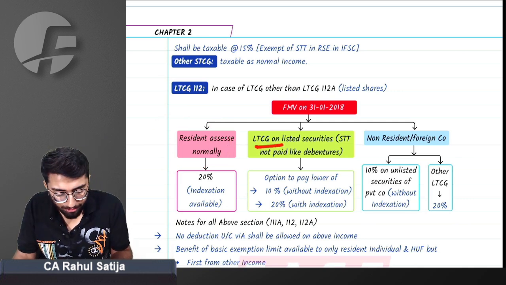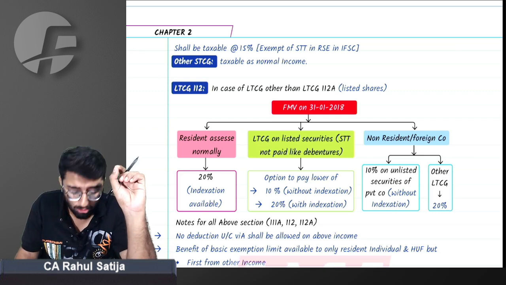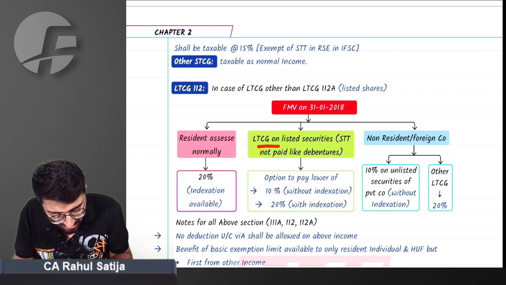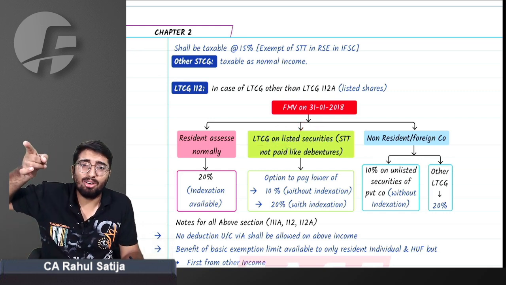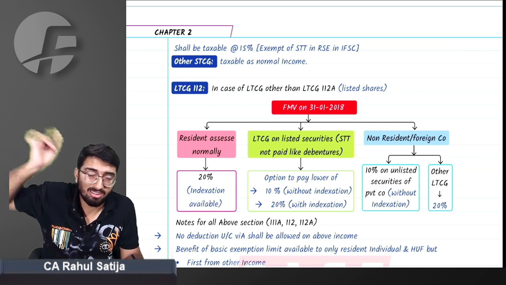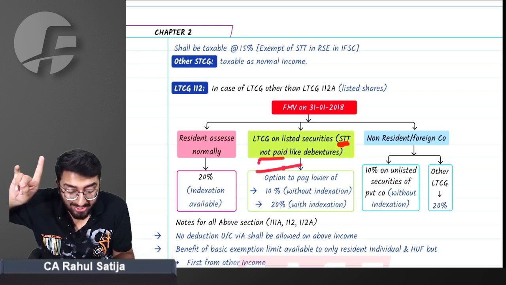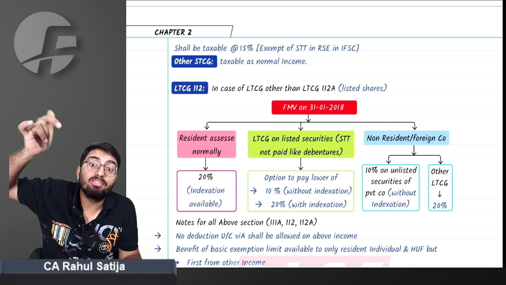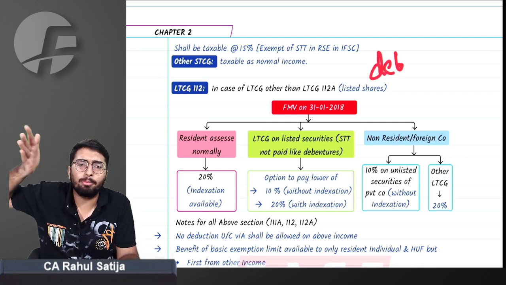Just listen, this is an important point people tend to forget. Long-term capital gain on listed securities. Have you heard long-term capital gain on listed securities? Yes, sir, that was 112A. But it says STT paid. Any listed securities on which we have not paid STT, like debentures, we do not pay STT on debentures.